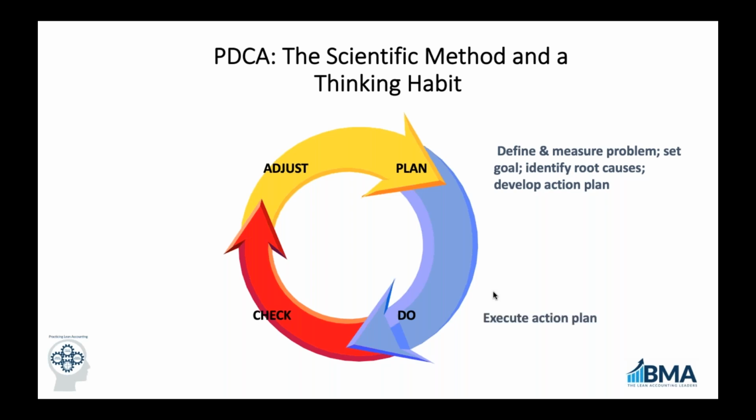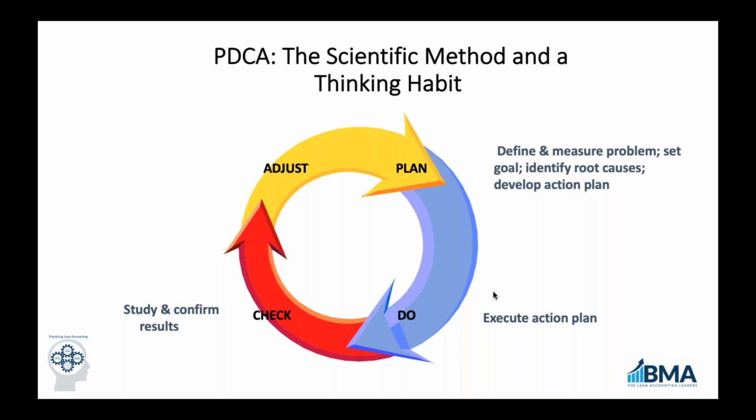The do step: execute the plan. And like any experiment, if you think about the scientific method, which is conducting experiments, you conduct the experiment. It could be an experiment. The action plan could be, we're going to try something new. The action plan could be, we know what to do, we need to put it in place.